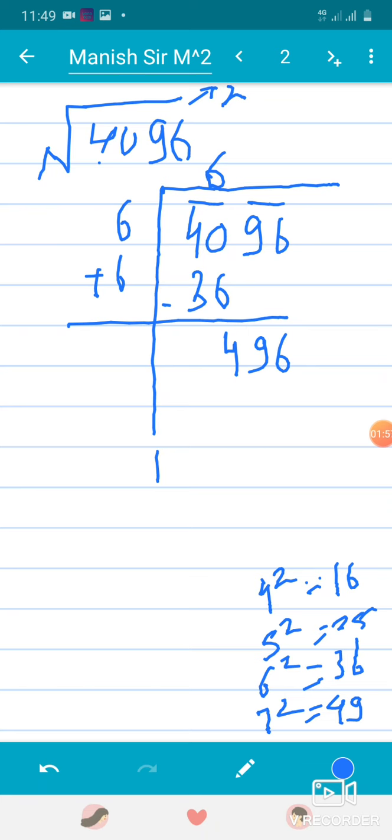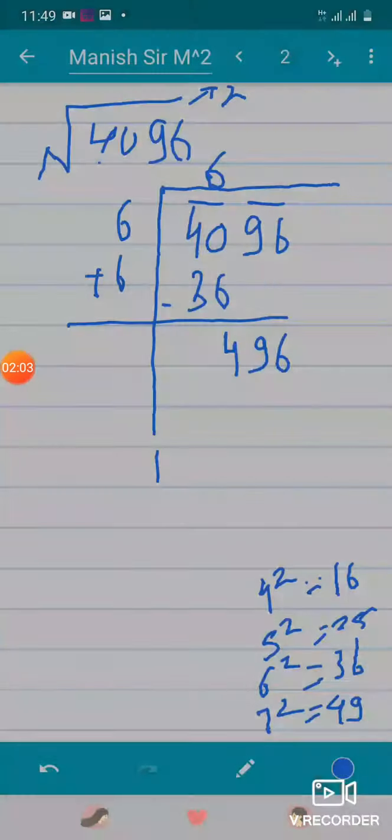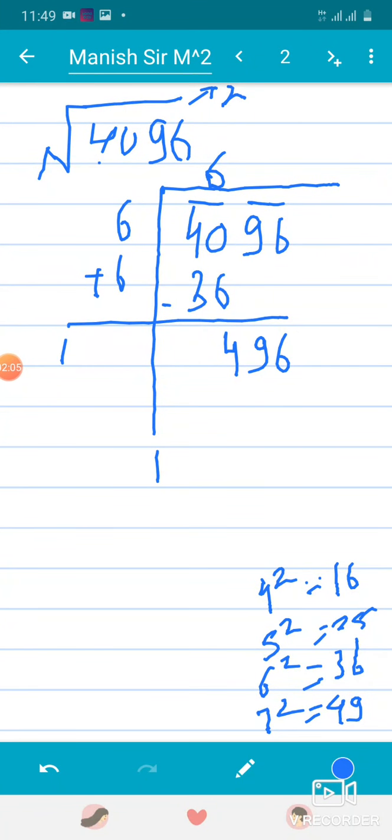And on the left hand side we add 6 plus 6, which becomes 12. We leave some space because we want some digit to divide 496 by 12. So we see what the actual digit is.